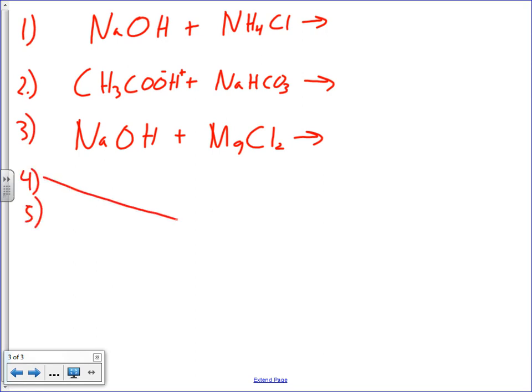Okay, pair 4 and 5, you do not have to predict. All right, we have not talked about reactions with indicators. That's what phenolphthalein is. Okay, I'll talk about that in a few minutes, but you do not have to predict pair 4 or pair 5. Okay.